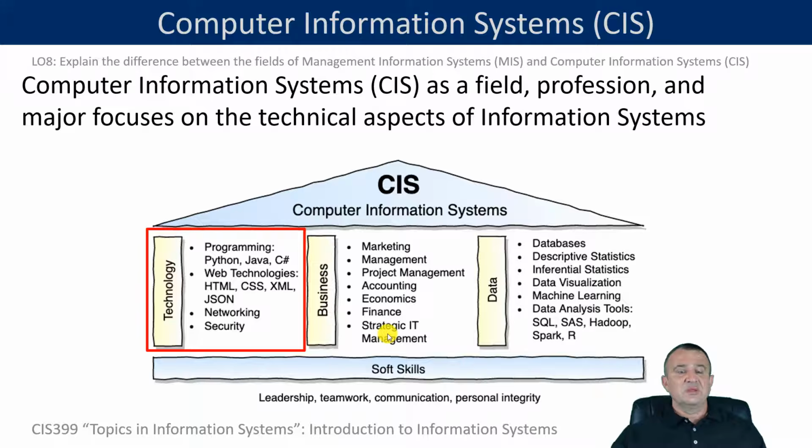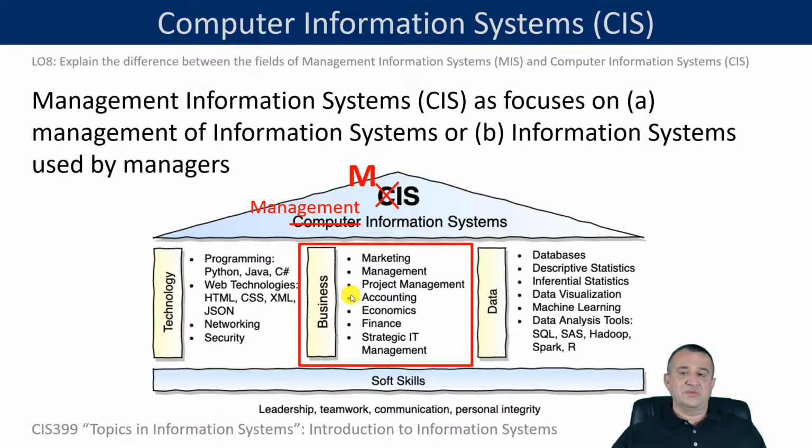Now, to be honest with you, sometimes I don't see any difference between computer information systems and management information systems programs. They almost have identical coursework. But if I were to explain what the difference is, I would say that maybe computer information systems have a larger focus on technical subjects, while management information systems programs have more focus on business subjects.